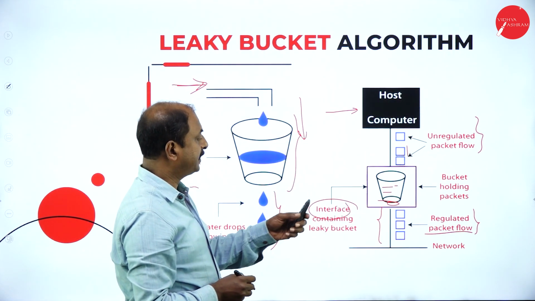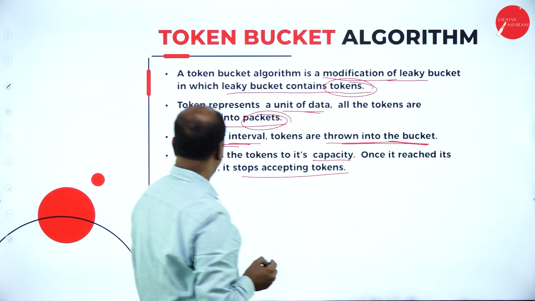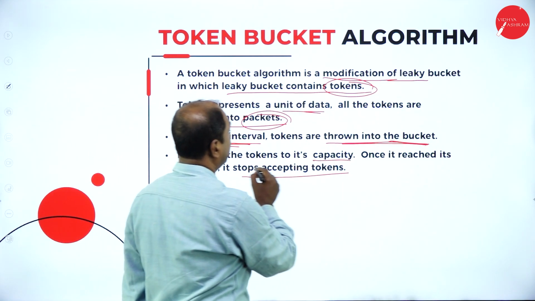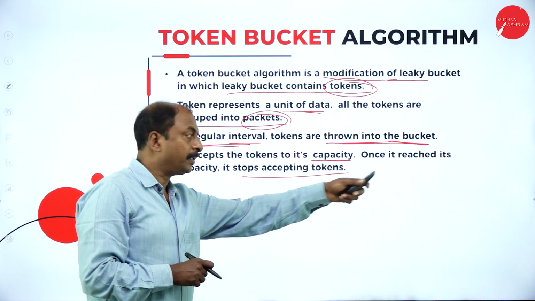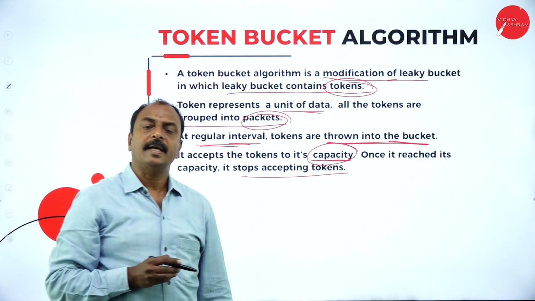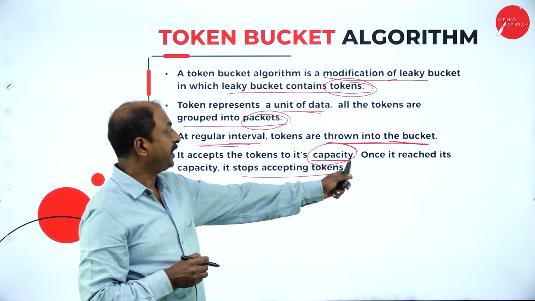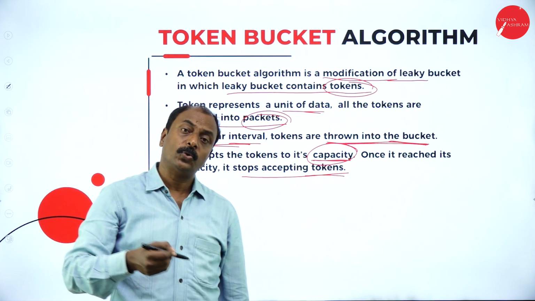But in the token bucket algorithm, the tokens are thrown into the bucket and it accepts them up to its capacity. Once it reaches the capacity, it rejects the data, and does not accept any more tokens.